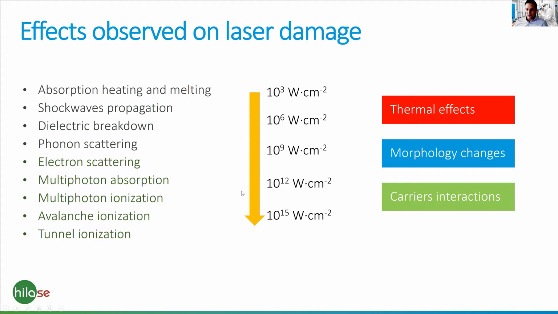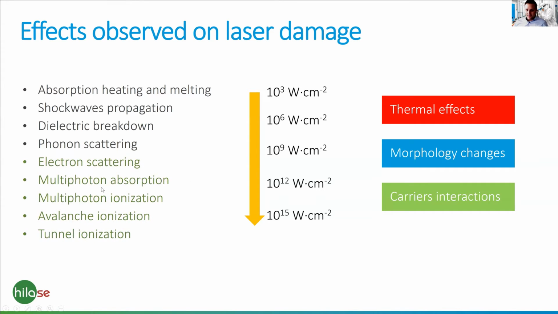We can observe multiphoton absorption and multiphoton ionization, an effect when there are so many photons that two or more can be absorbed at one moment, even if they don't have enough energy to overcome the band gap of the material.